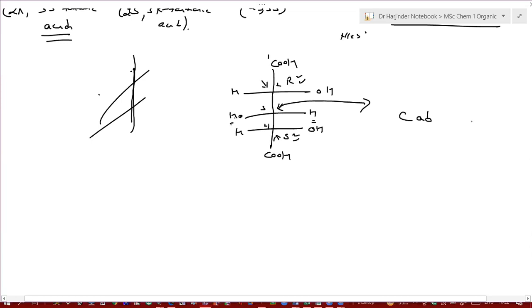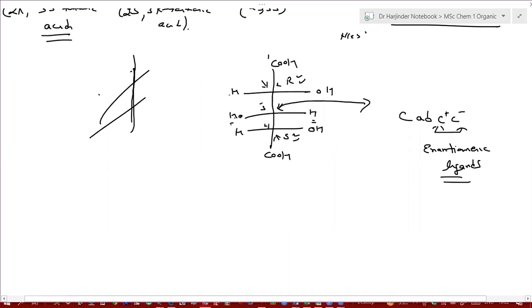That means they are like C plus and C minus. Or you can say here you have two enantiomeric ligands. They are enantiomers, they have opposite configuration over here. One is R, another is S.